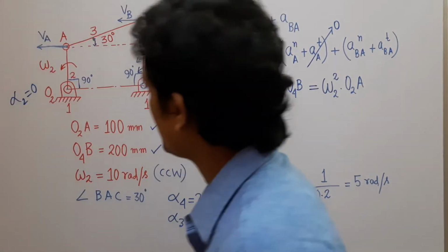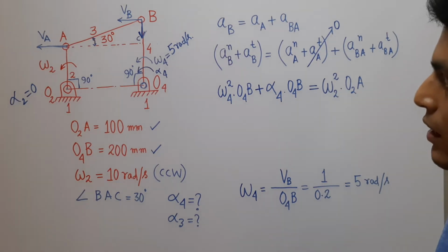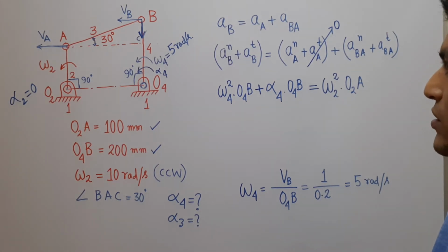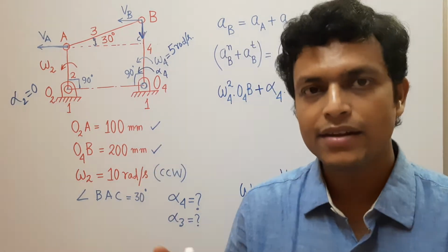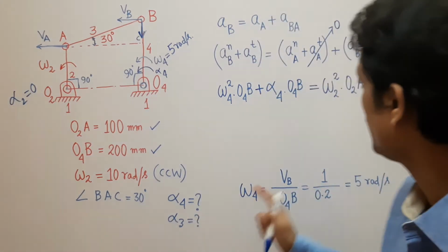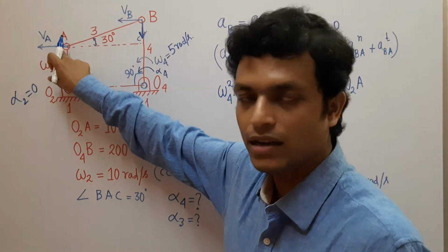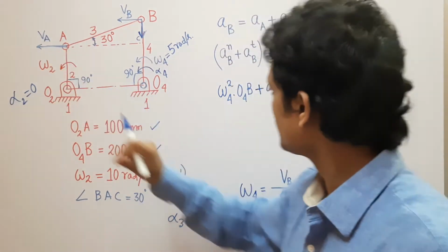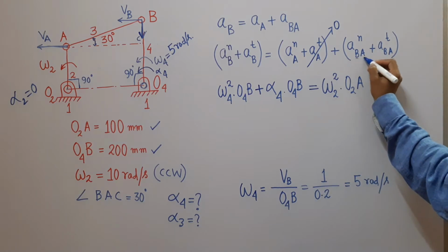It is given that the link number 2 is rotating with a uniform angular speed. So acceleration of crank is 0, angular acceleration of link 2 is 0. So alpha 2 is 0, that means the tangential component of acceleration at point A is 0. So this becomes 0. Now what is ABAN?